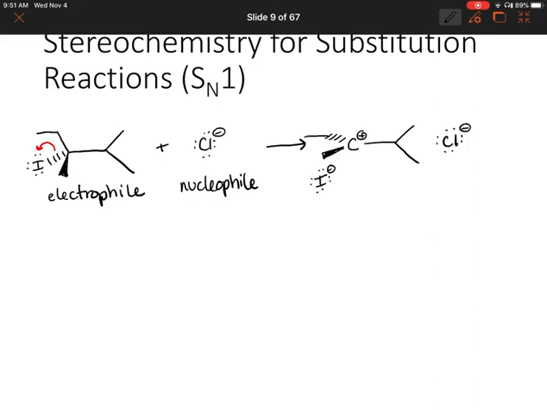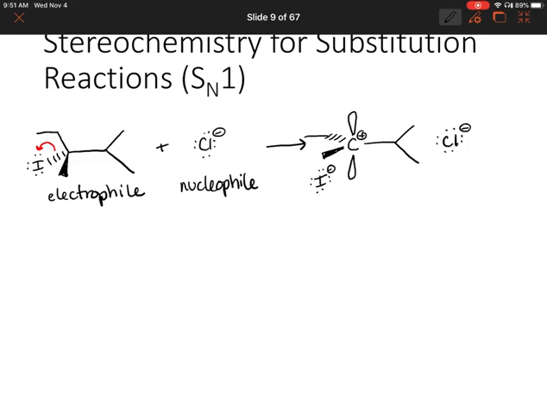Now remember, when we have a carbocation, the reason that the carbon is positively charged is because we have an empty p orbital. So let's draw our p orbital above and below the plane of this molecule. All right, so now remember in step 2 of this reaction, the nucleophile is going to attack the carbocation, or the positively charged carbon.